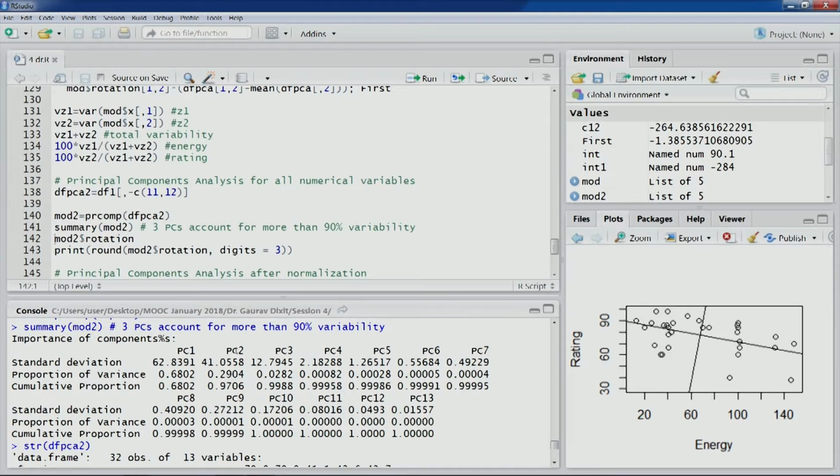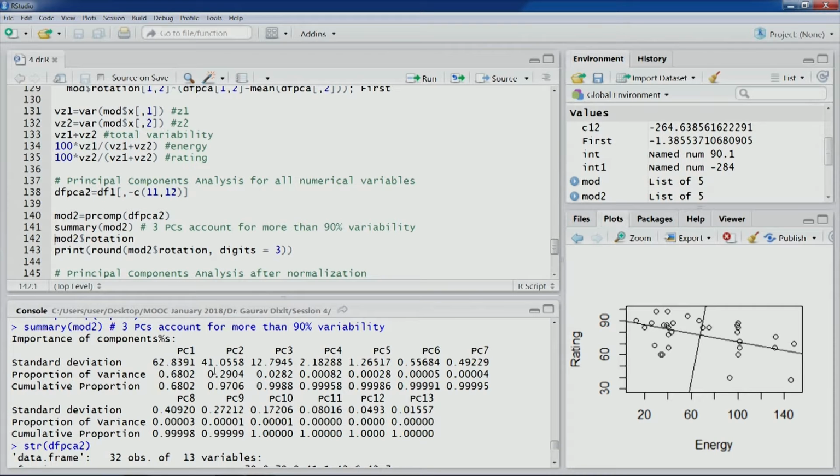Now let's look at the different values that we got after applying principal component analysis. For PC1, the proportion of variance is 68%, and the second principal component is 29%. If you combine these two, it is almost 97%.